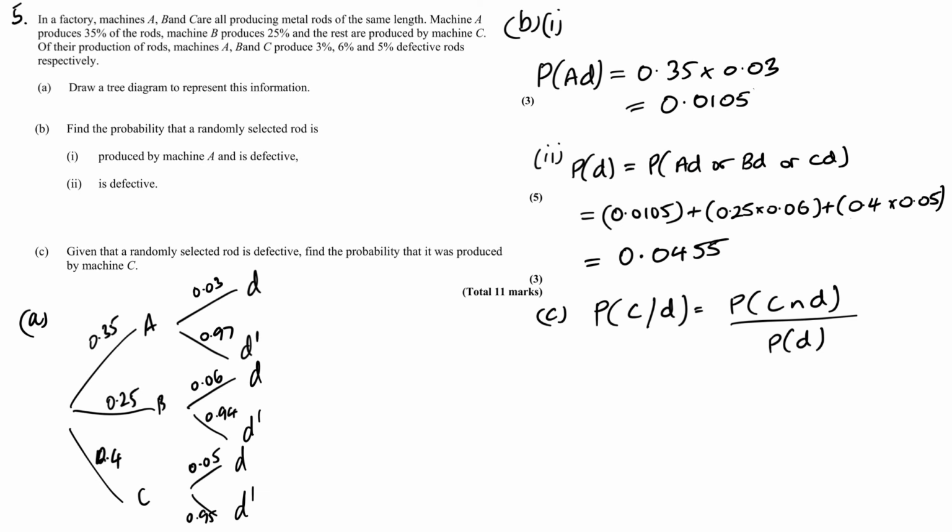So we've got C and D, so it's the 0.4 times the 0.05, over our answer to B part 2, 0.0455. And that gives me 40 over 91, so roughly 0.44 there. Okay, but easier to keep this as a fraction since it's not a terminating decimal.